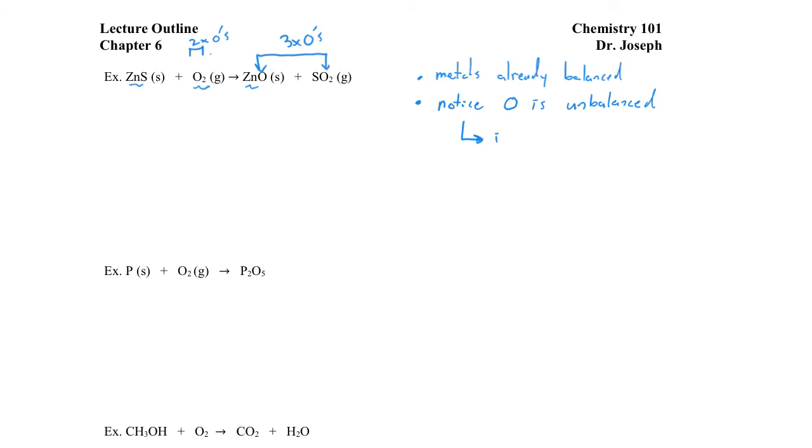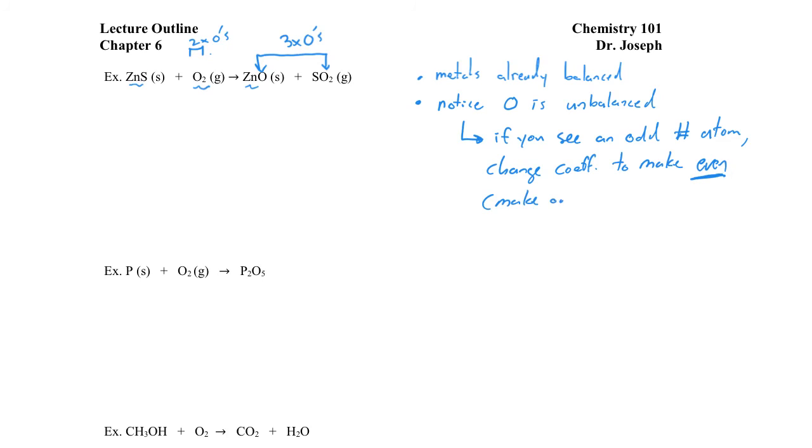If you see an odd numbered atom, for example, there are only 3 oxygens, that's a great place to start because it's going to be a lot easier for you to have even numbers on both sides. So what we're going to do is change the coefficient on odd numbered atoms to make them even.